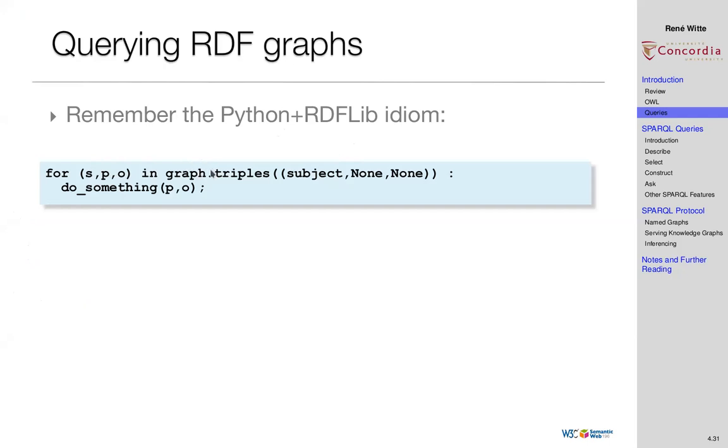So a very simple way of doing it was a loop like the one shown here. You go through all the triples in the graph for a given subject. You leave the other two undefined, and then you get the property and the object, and you can do something with it.